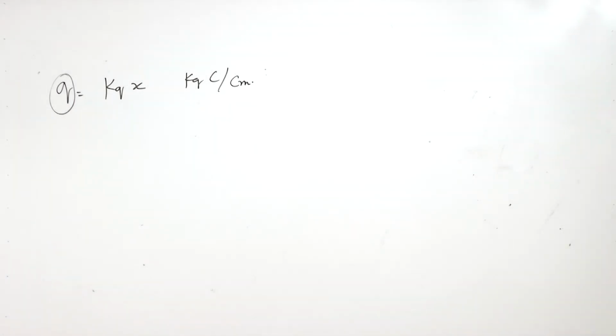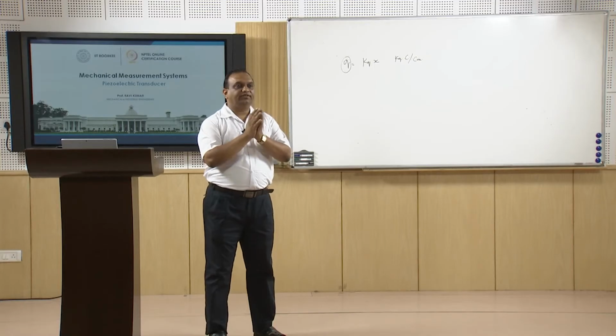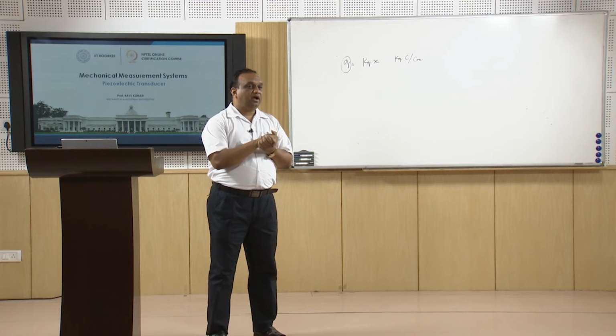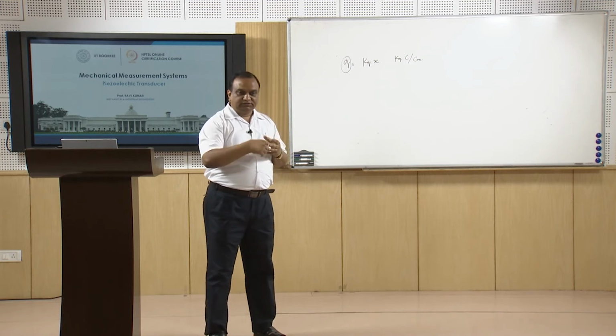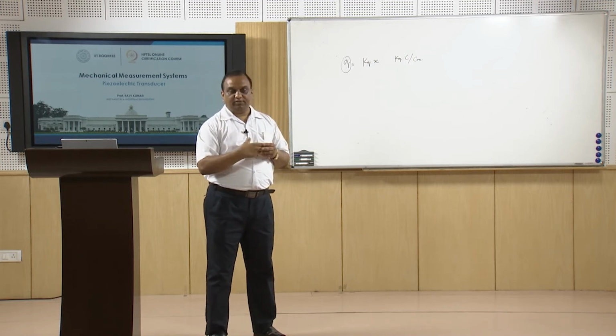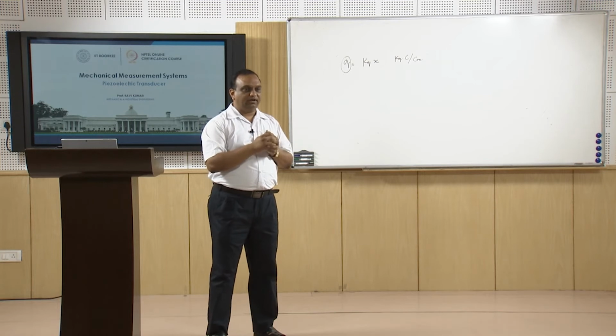And in a piezoelectric system, it is not only the crystal. Now, the crystal is connected to a charge amplifier, a high impedance amplifier. A crystal also has a high impedance, and the cables which are connecting, if the cable is quite long, then it will also have a substantial capacitance in it.